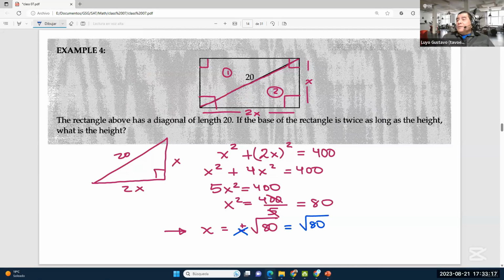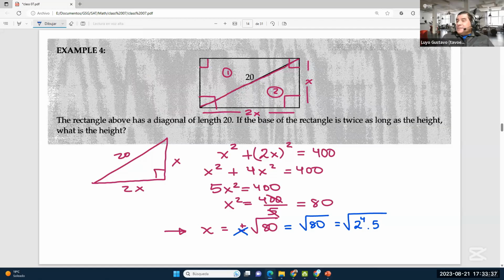Okay, remember that if you factor this out, using the properties of exponents, 16 times 5, or 2 to the 4th times 5.